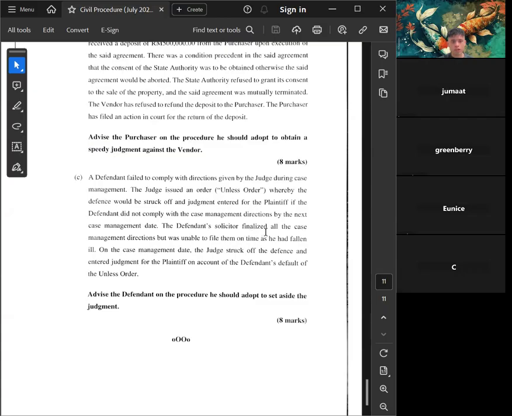The defendant's solicitor finalized all the case management directions but was unable to file them on time as he had fallen ill. On the case management date, the judge struck off the defense and entered judgment for the plaintiff on account of the defendant's default of the unless order. Advise the defendant on the procedures he should adopt to set aside the judgment.